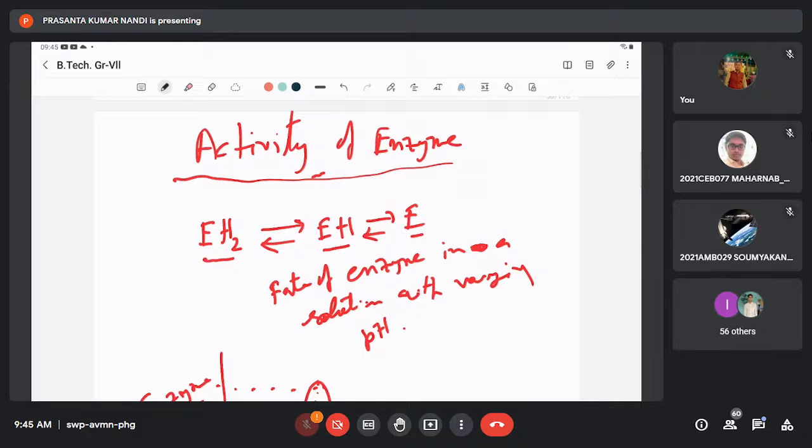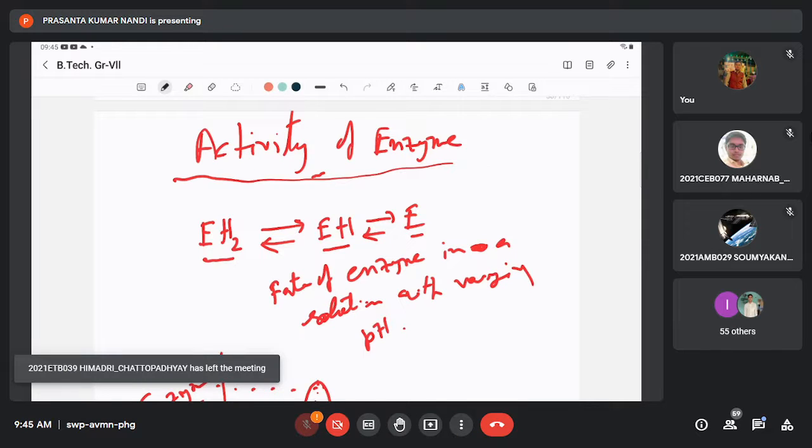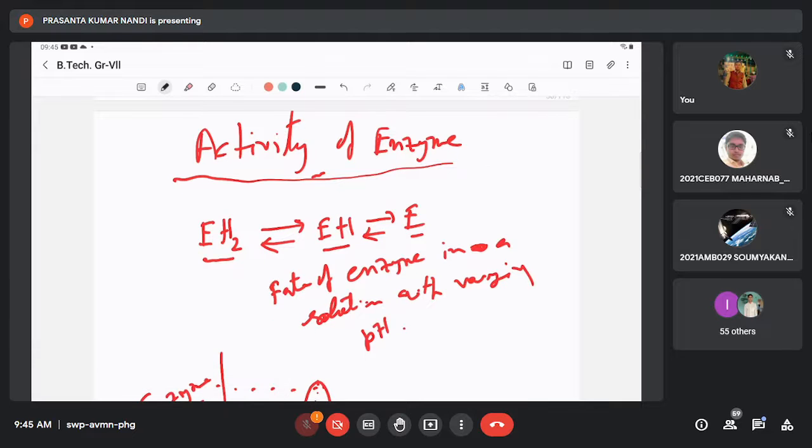Then E denotes the enzyme, and this enzyme captures one hydrogen ion, then it becomes EH, or it may combine with two hydrogen ions to form EH2. That I have shown here.